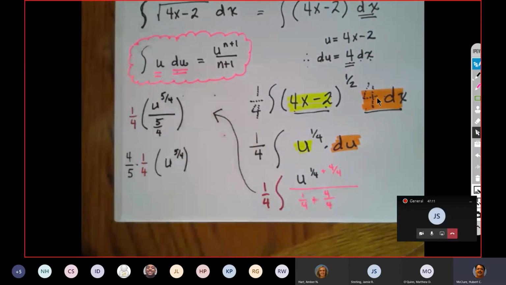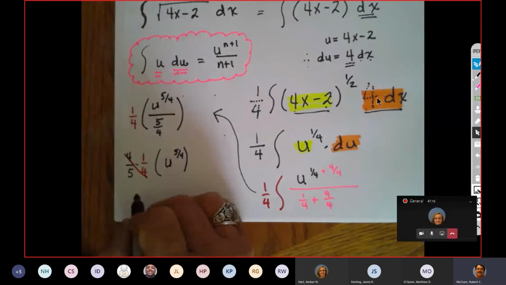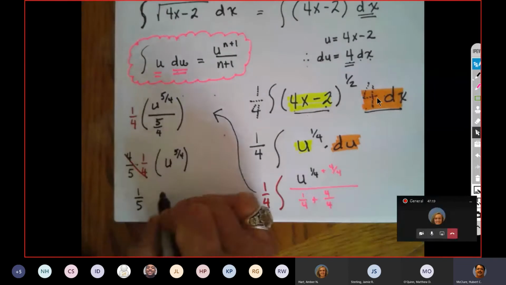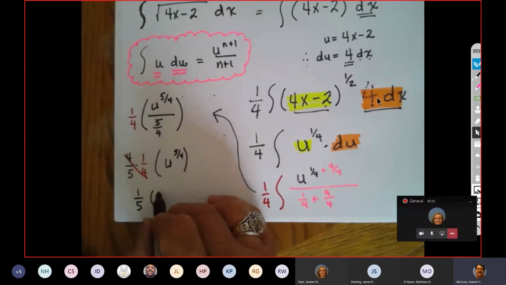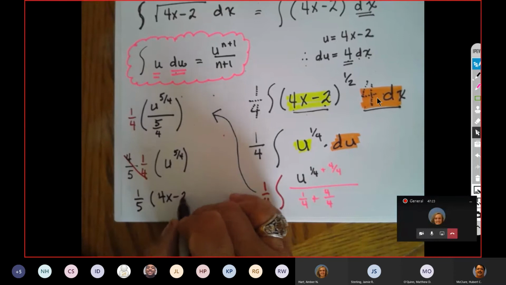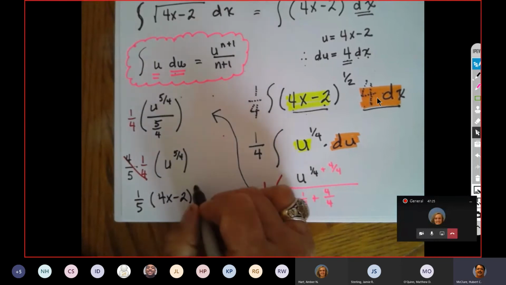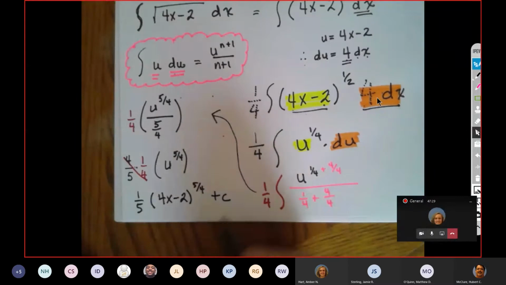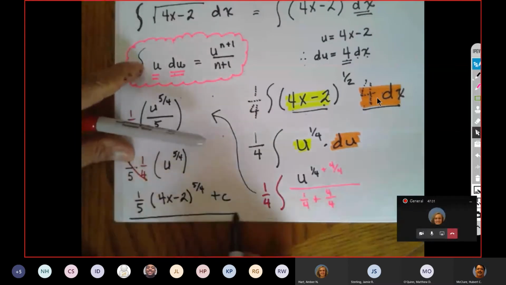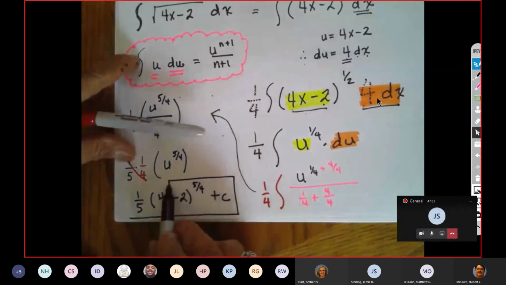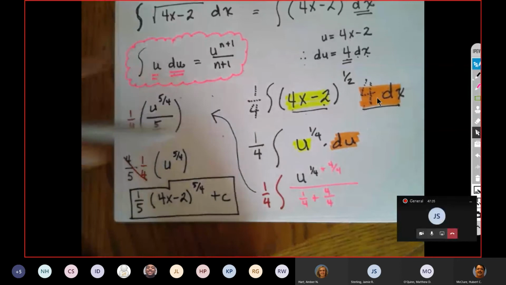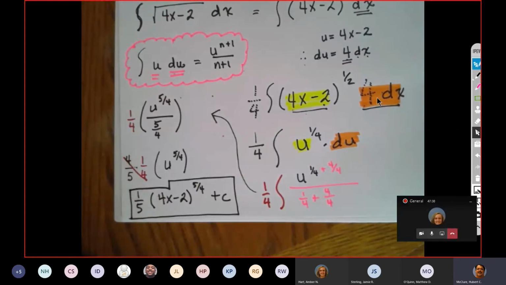And of course, the 4s go out. And you're left with 1/5 times 4x minus 2 to the 5/4 power plus C. That's called substitution.